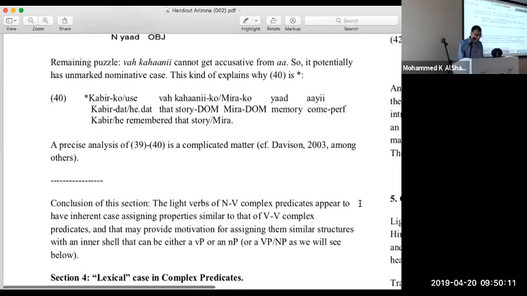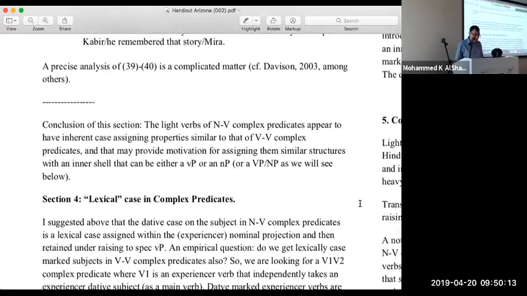Okay, all right, so I should wrap up this section. Basically, this light verb plays an important role in assigning inherent case. Crucial to differentiate it from what I just said: light verbs assign inherent case, but as far as I can tell, they don't actually assign lexical case.